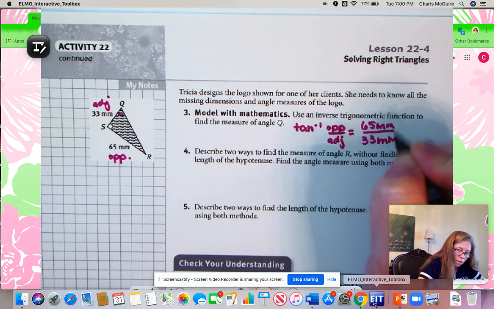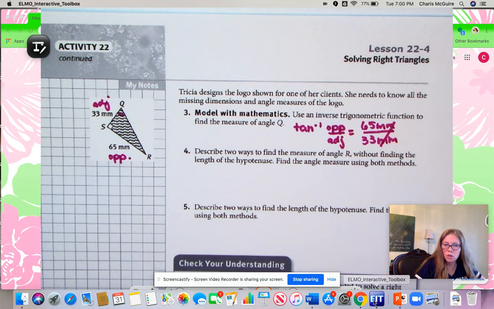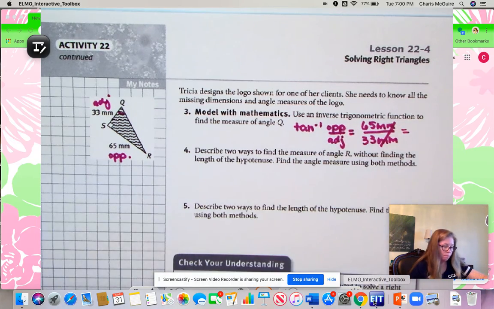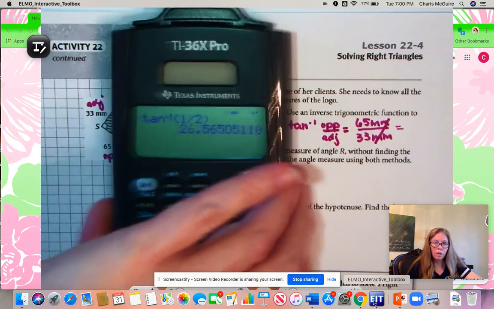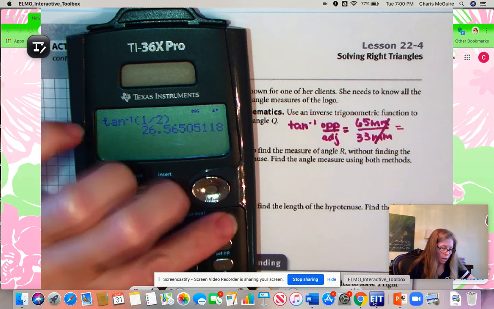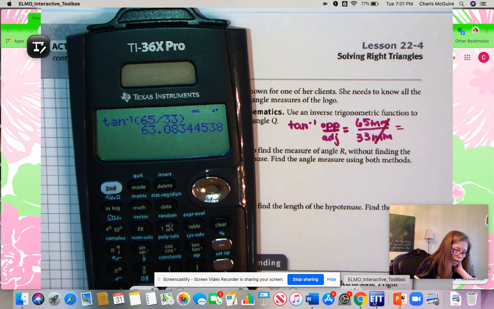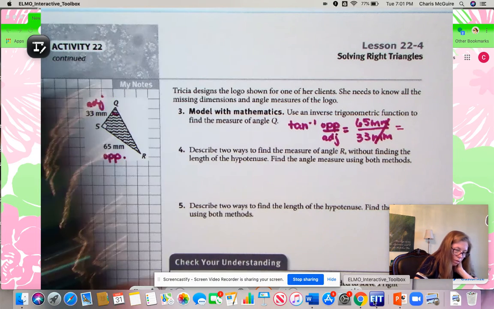And the millimeters are going to cancel because remember, it's a degree measure, so you're not going to have the millimeters anymore. And then just grab your calculator. Here we go, handy dandy calculator time. We're going to do inverse tangent. Make sure you hit that button. We can do 65 divided by 33, close the parentheses, and we've got 60, and it says round.